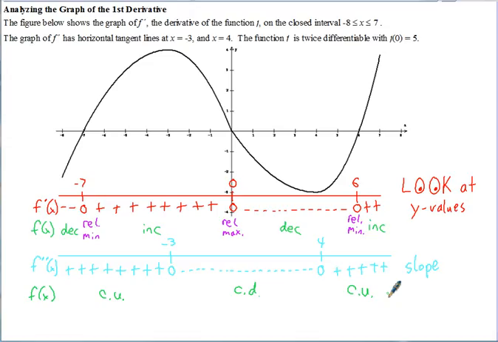So now we're looking for points of inflection. Negative 3 was a possible point of inflection because the second derivative is 0 there. And since it switches sign and switches concavity, it is actually a point of inflection. So negative 3, it's a point of inflection. And 4, it also switches concavity. The second derivative changes sign. So that's another point of inflection.